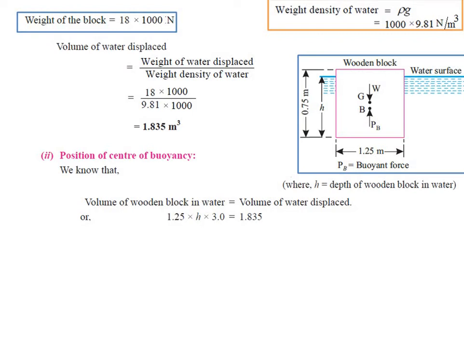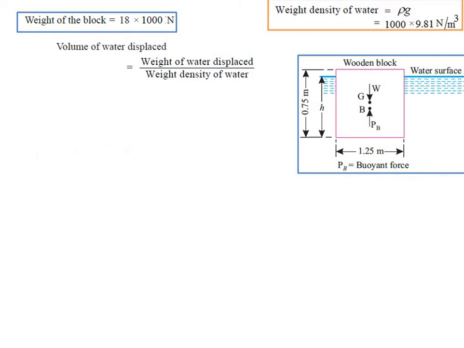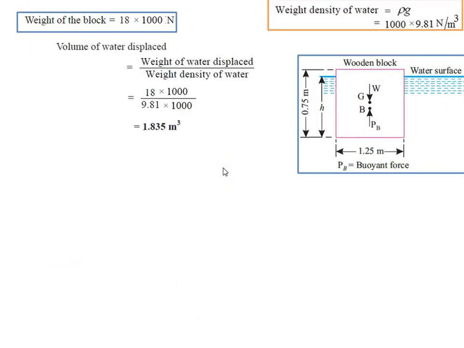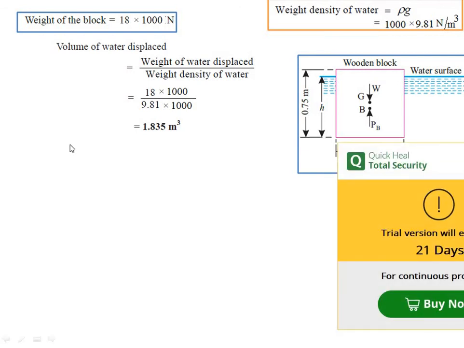Now from this we come to know that the volume of water displaced is less than the total volume of the block. The total volume of block is 2.812 meter cube, whereas the volume of displaced water is 1.835 meter cube.